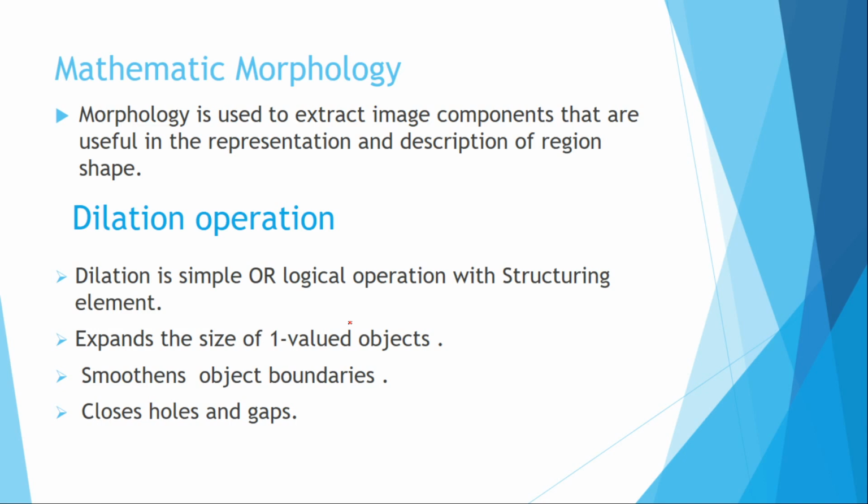So the morphological tool is used to extract image components that are useful for representation, description, and shape and structure analysis. In morphological image processing, there are mainly three types of operations. The first is dilation, the second is erosion, and the third is opening and closing.